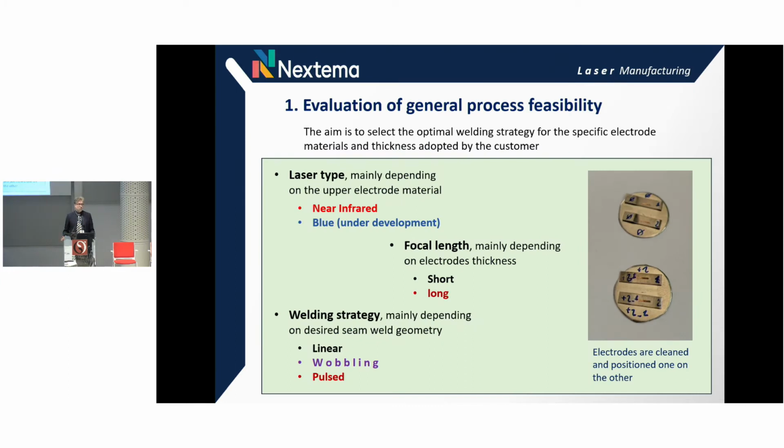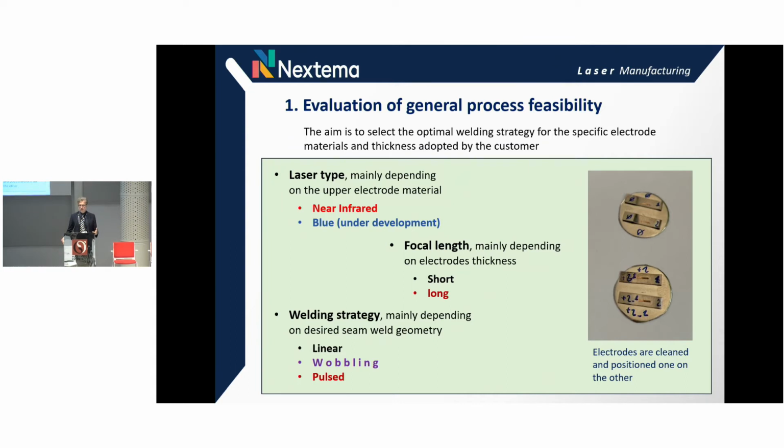Coming to the evaluation of process feasibility, I have some images here. It is of utmost importance to clarify what kind of laser can be used. They work mainly with near-infrared, both single mode and multi-mode, but they also use blue lasers.